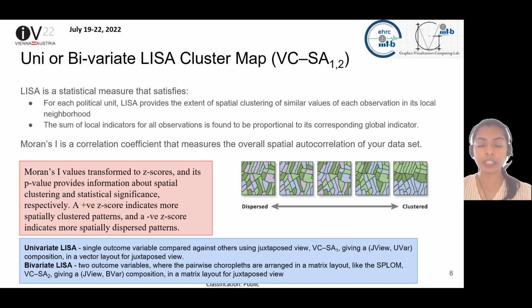The concept of a local indicator of spatial association, or the LISA, is seen as having two important characteristics. First, it provides a statistic for each location with an assessment of significance. Second, it establishes a proportional relationship between the sum of the local statistics and the corresponding global statistic.